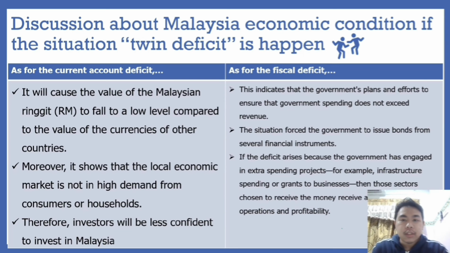Moreover, if the deficit arises because the government has engaged in extra spending projects, for example infrastructure spending or grants to business, then the sector chosen to receive the money gains for its operation and profitability. But if the deficit arises because receipts to the government have fallen, either through tax cuts or a decline in business activity, then no such stimulus takes place.